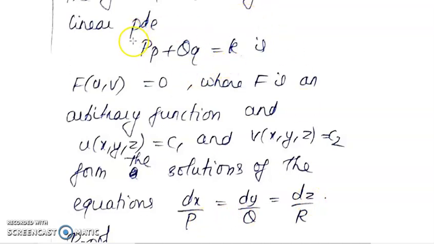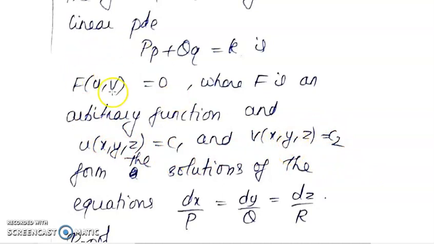So if you have to solve a first order linear PDE, form the simultaneous equation, which we call the auxiliary equation: dx by P equal to dy by Q equal to dz by R. Find the integral curves, which will be u equal to c1 and v equal to c2.